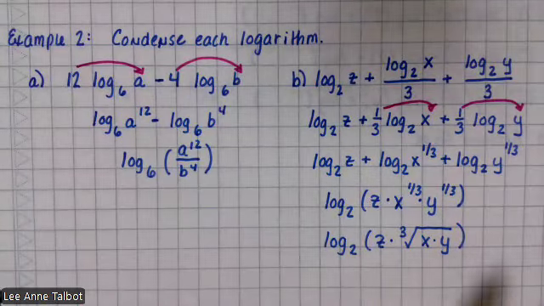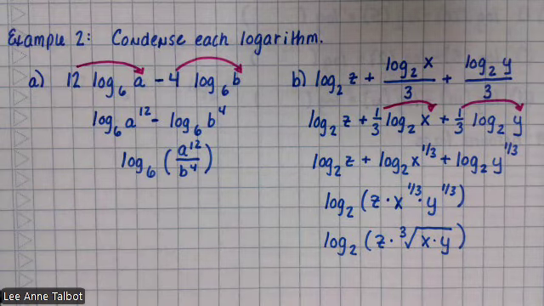Okay, now grab your packet and find the page that says log property puzzles really, really big on it. This is the last thing for today. And I'll help you get started. It's really not bad.